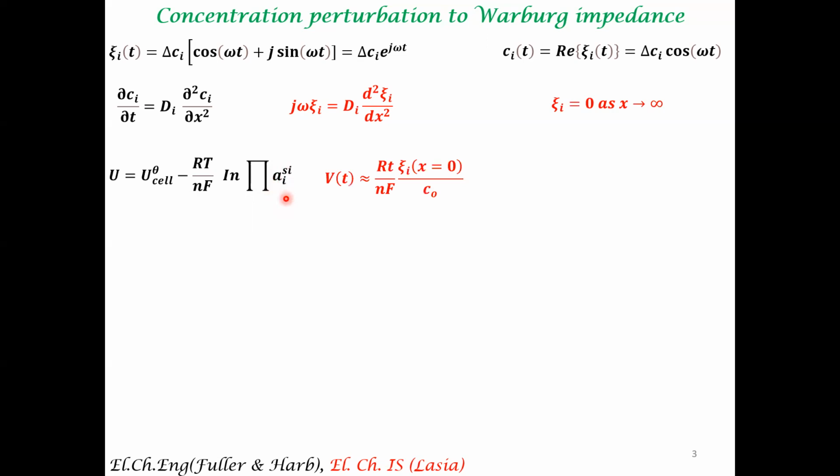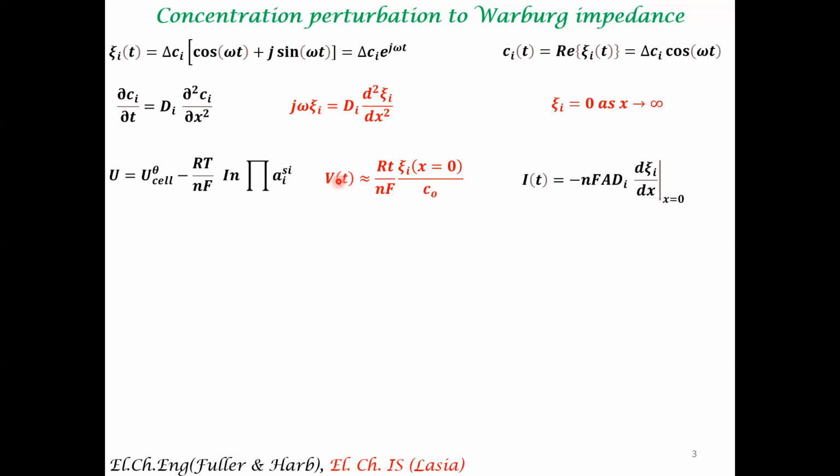This provides us with a significant simplification. Therefore, because this is known, right? This is the AC signal which we impose. The concentration at the electrode surface follows this AC signal because we're just assuming a kinetically reversible system.